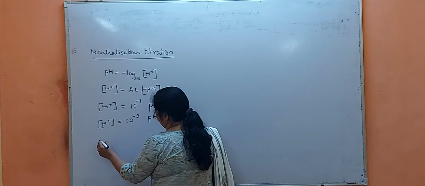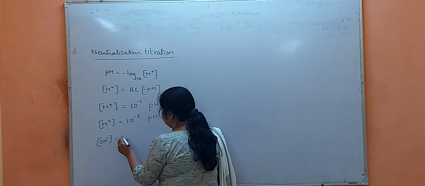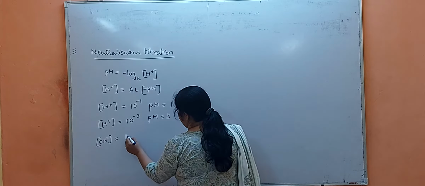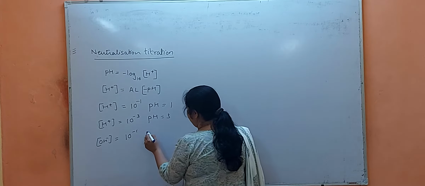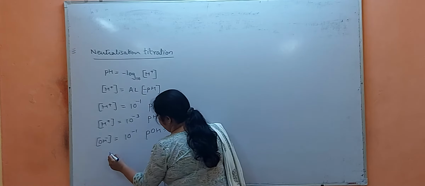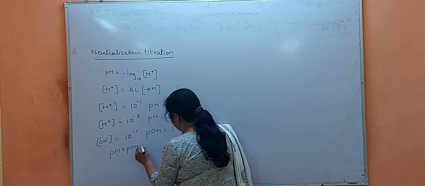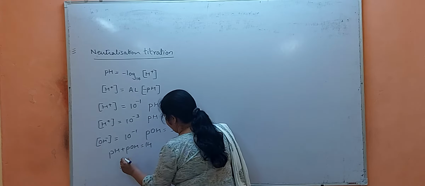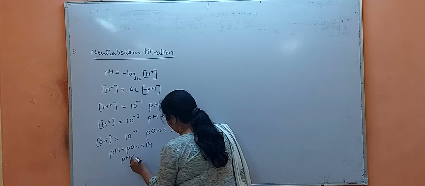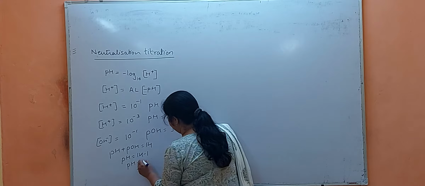Now suppose we have OH- ion concentration as 10 raised to minus 1. So pOH we will get as 1, and we know that pH plus pOH is equal to 14. So pH will be equal to 14 minus 1, that is, pH will be equal to 13.